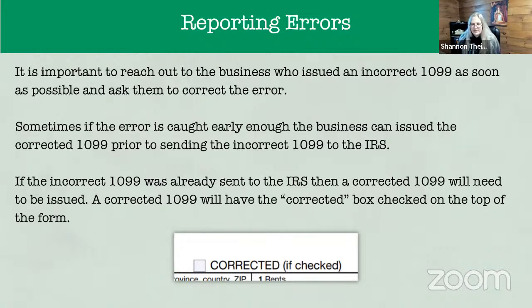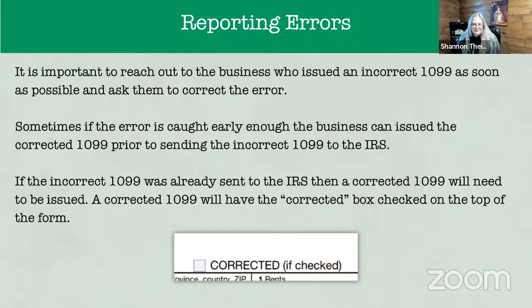So if the originals were filed by paper, the corrections have to be filed by paper as well. If they were e-filed, the corrections have to be e-filed. There are penalties if you e-file the original 1099 and paper file the correction.